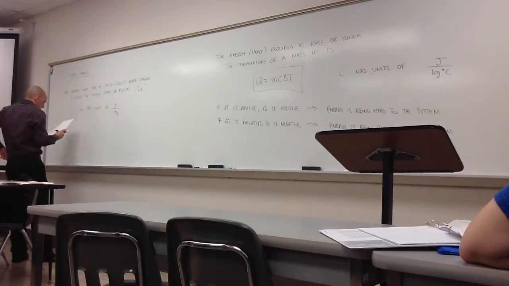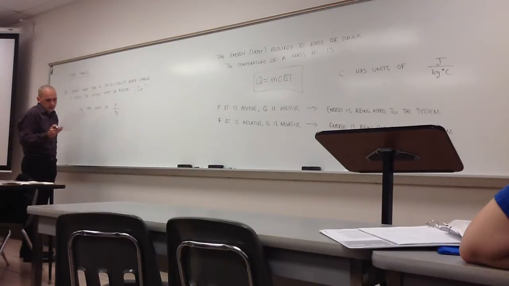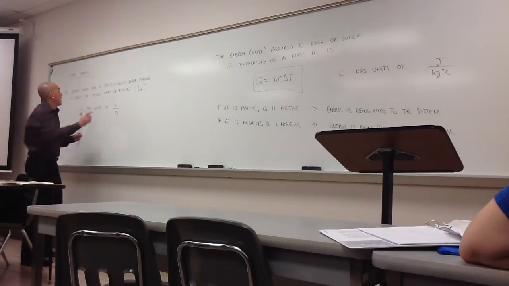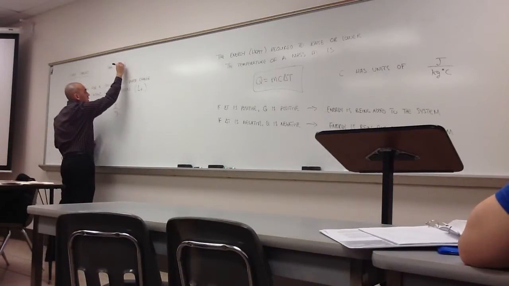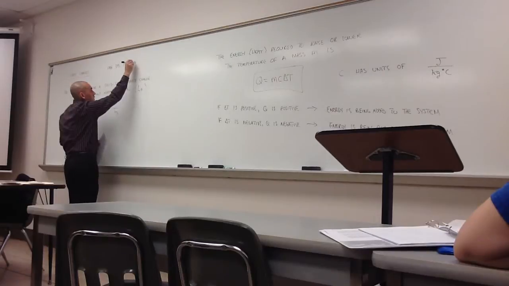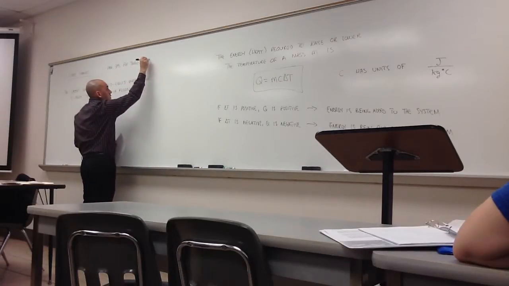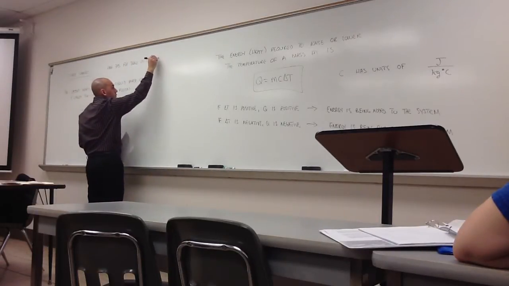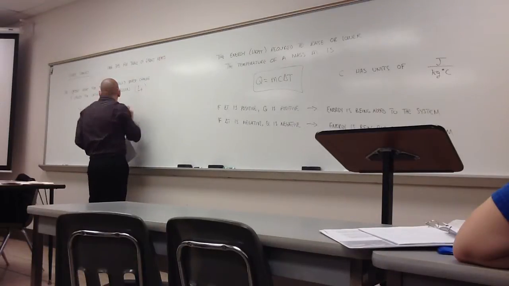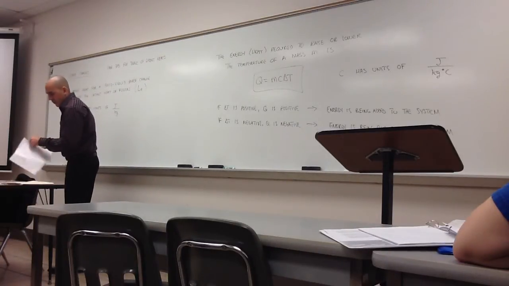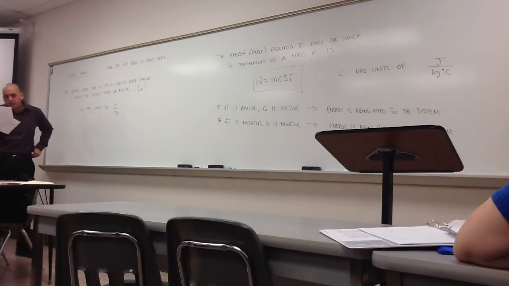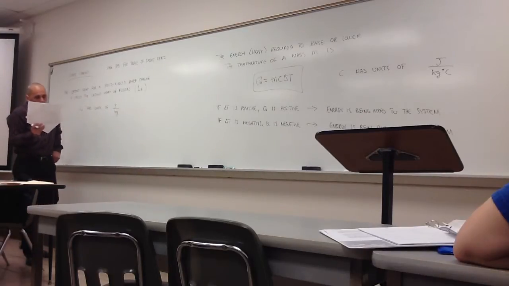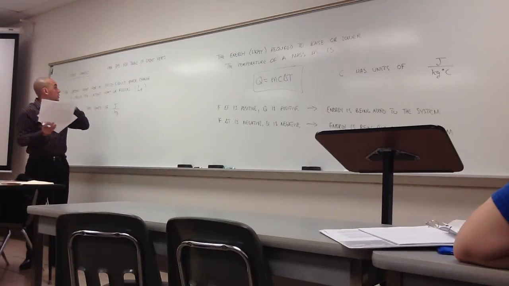In your book, you will see a table on page 395, and you'll see right on there the latent heats of fusion for some different substances. There's quite a few different things listed in that table, so open that up and look at page 395.